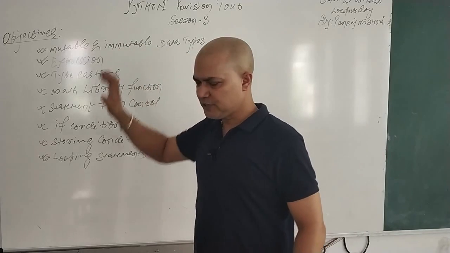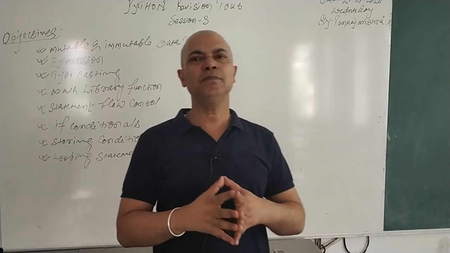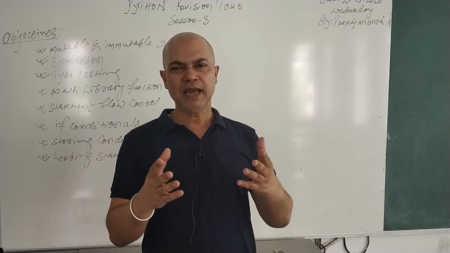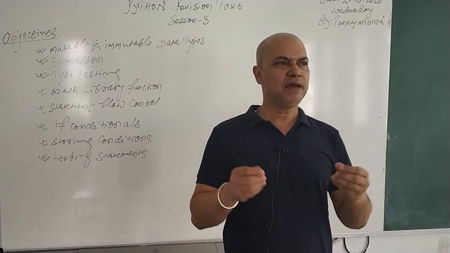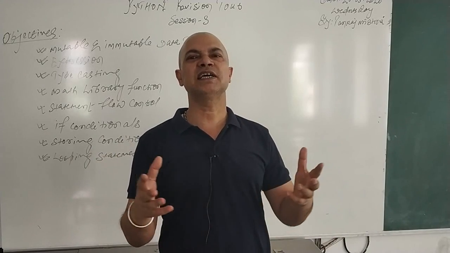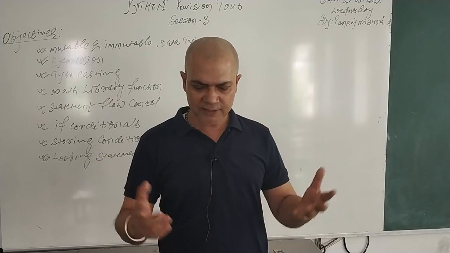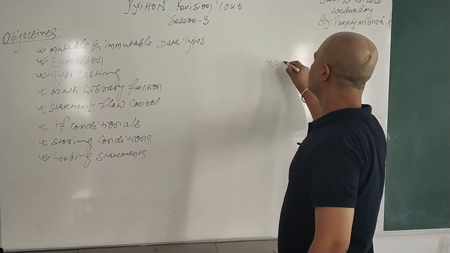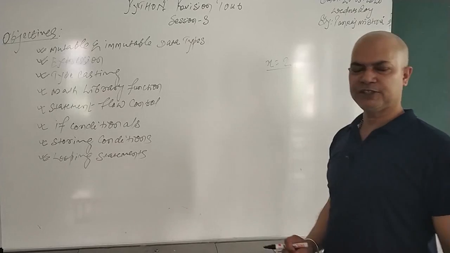Now come to the expression. Expressions are any valid operators, any valid assignment, any valid declaration that you do in Python. For example, x equal to 2 is an assignment expression.